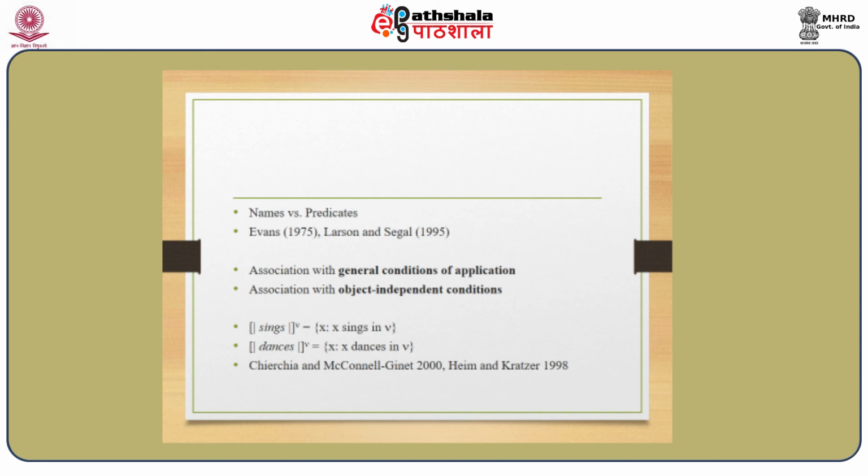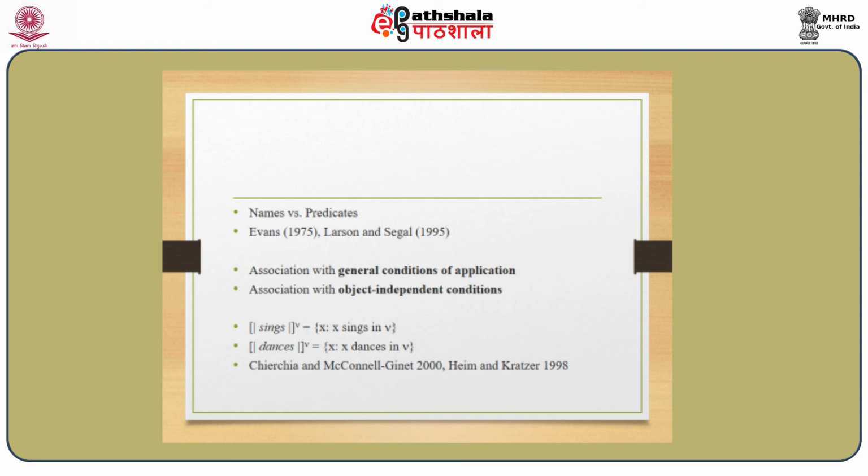Note that our choice of sets as semantic values of predicates preserves the basic insights of Evans. Association with general conditions of application is guaranteed because sets can have any number of members, 0, 1, or many.